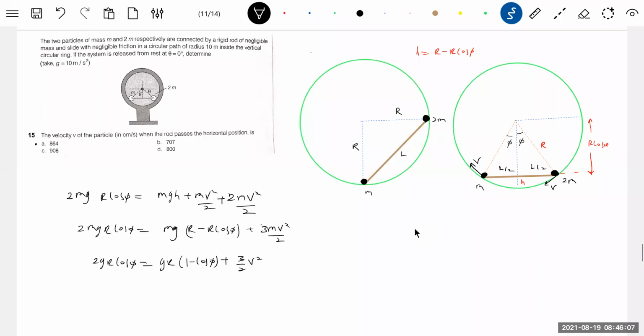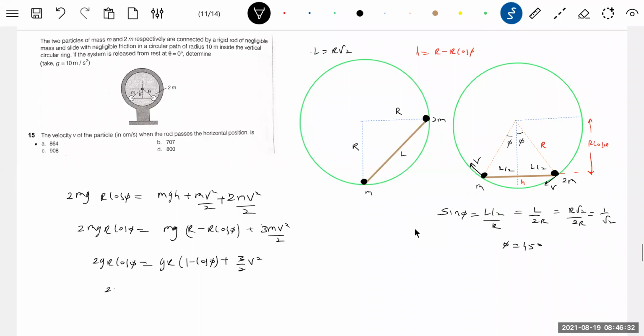What is sine phi? L by 2 by R. And what should the length L be equal to? R root 2. Check it now. L by 2R should be equal to R root 2 by 2R, which is 1 by root 2. So phi will be 45 degrees.